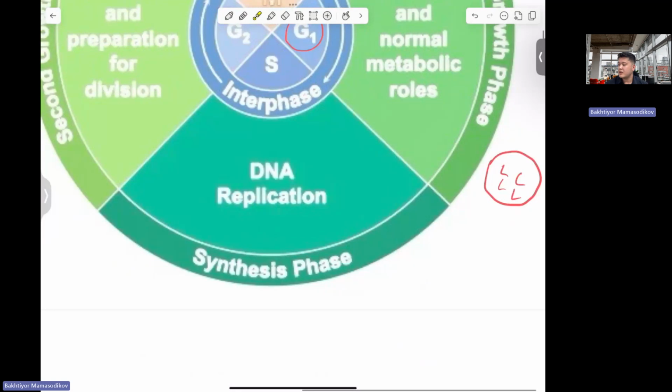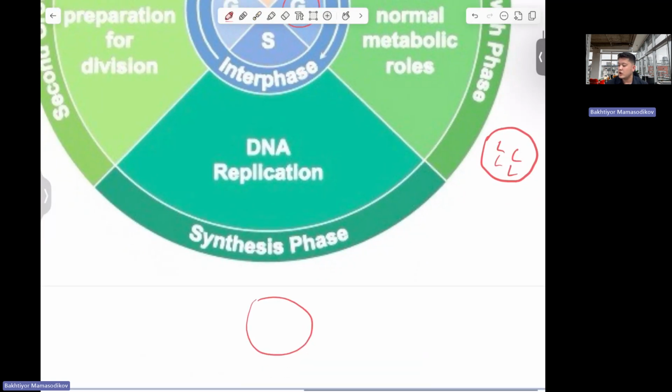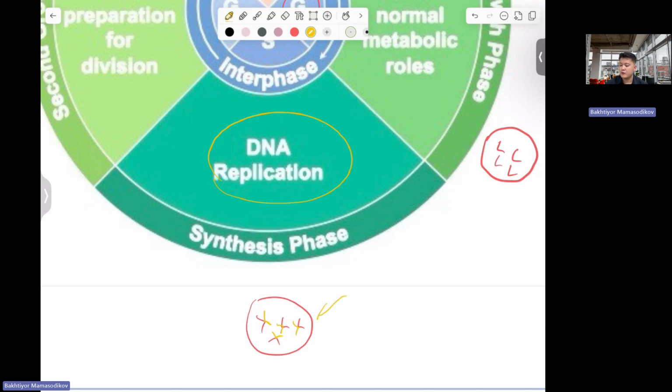But in the S phase, this nucleus is going to do the DNA replication. After the DNA replication, the chromosomes will have another sister chromatid and will look like this.